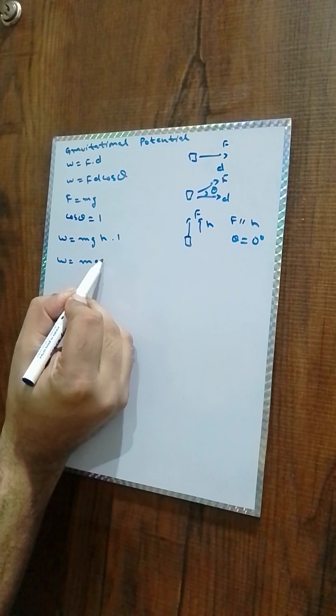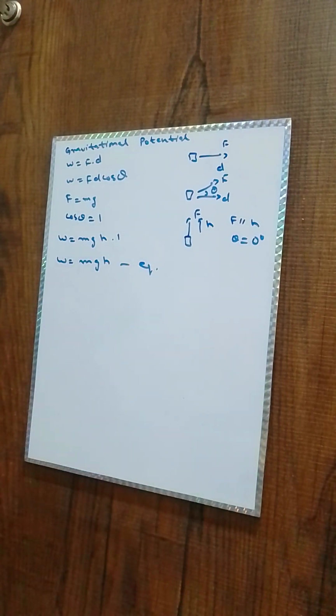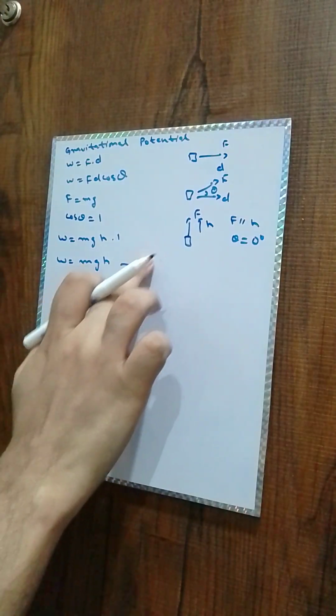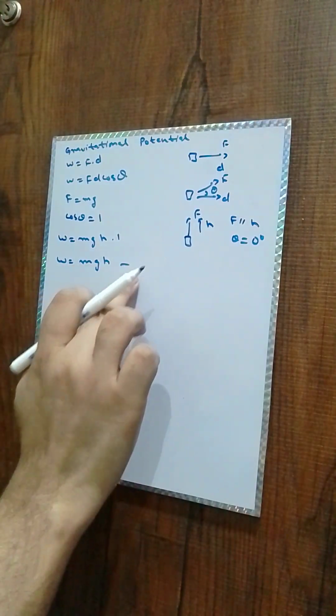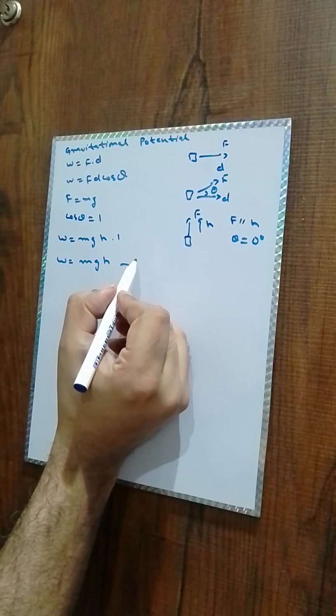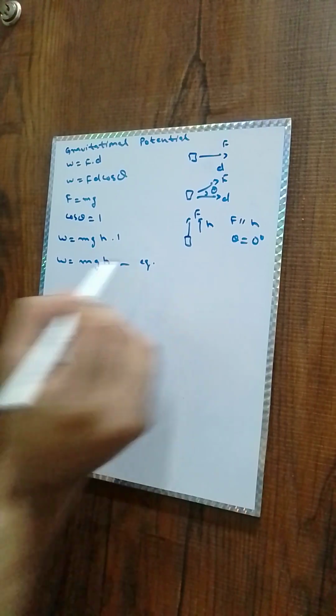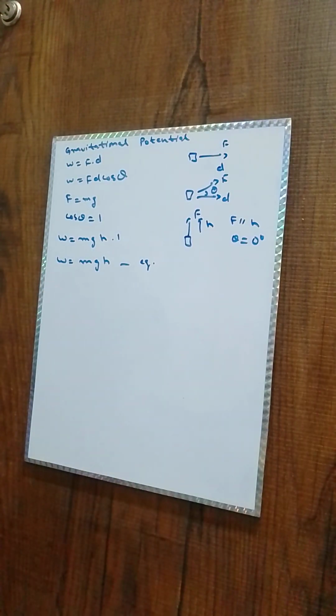Work done is equal to m g h. So this is the gravitational potential, the work done with respect to the vertical movement against gravity of a body. Yes, so this is useful and basic knowledge.